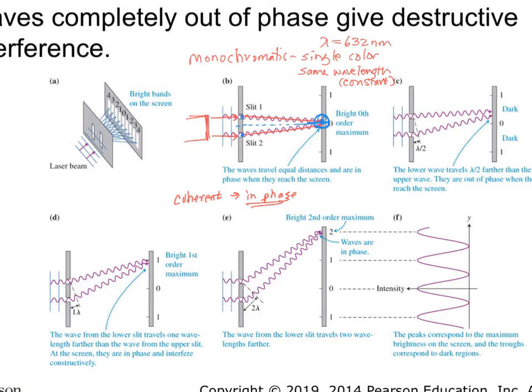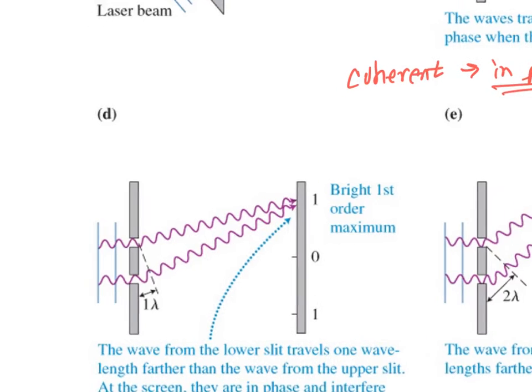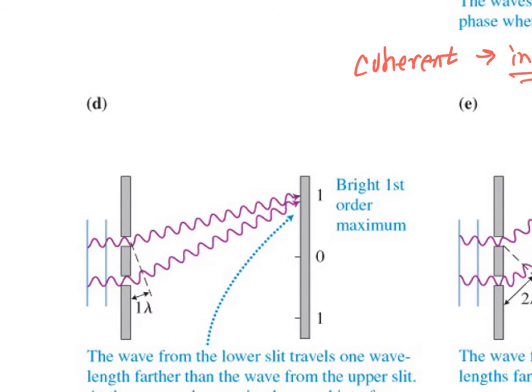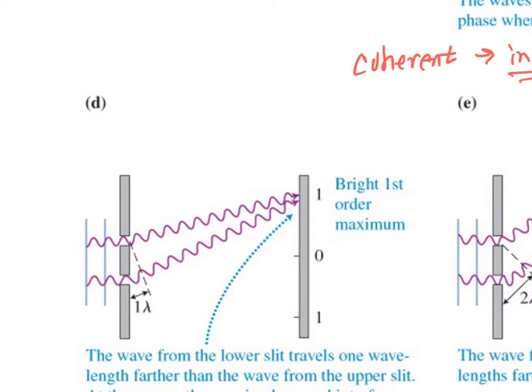Well, what about over here, where it's a different distance? Instead of a point in the middle, I've got a point over here to the side. So I've got a different distance for those two wavelets to travel.